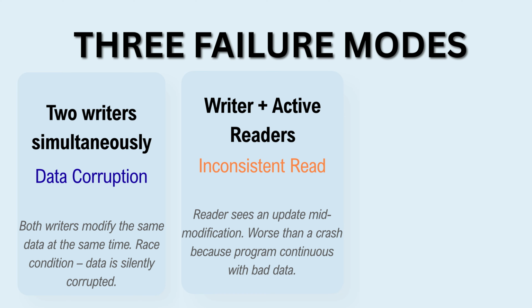Second, a writer running while readers are active. A reader accesses the data mid-modification. Some fields are updated, others are not. The reader gets an internally inconsistent snapshot. This is worse than a crash.